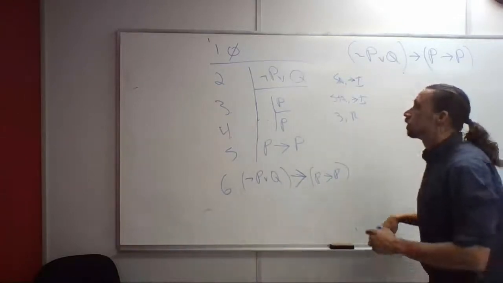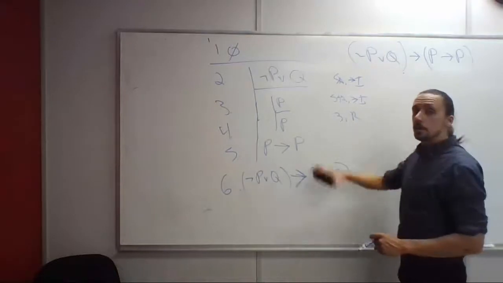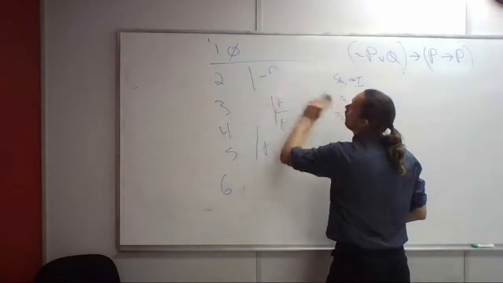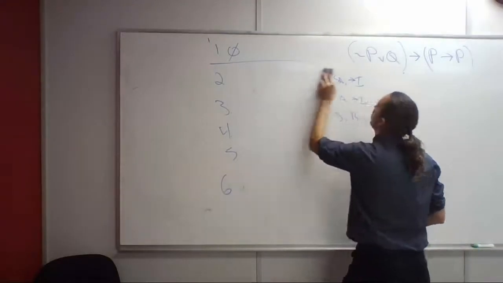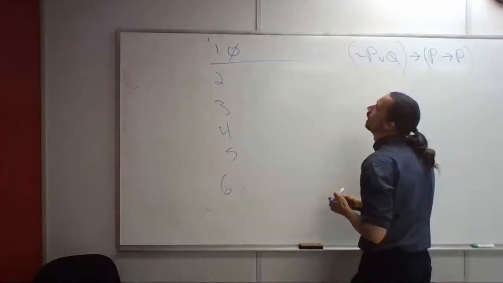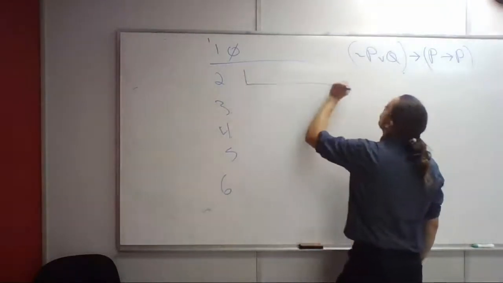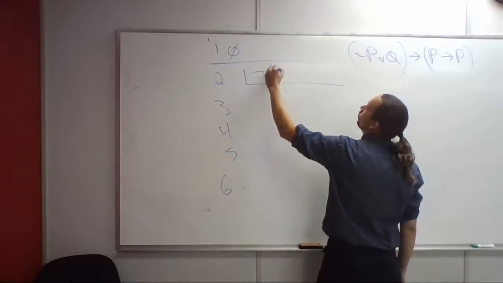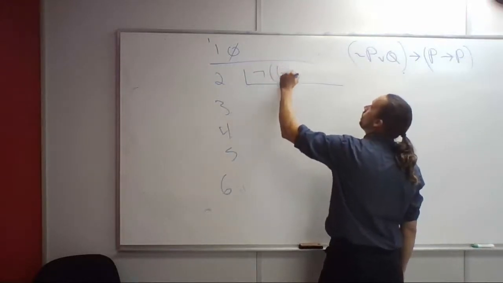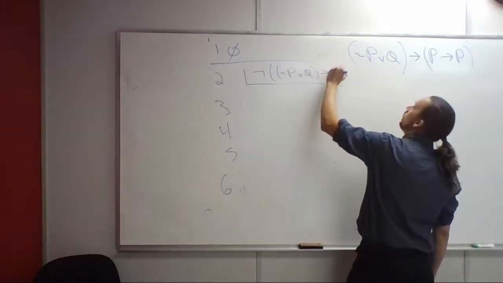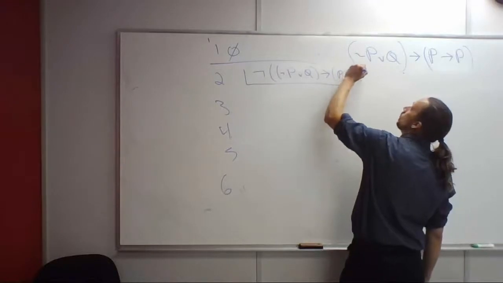Should we do it the other way? So this was the easy way where we assumed the antecedent and derived the consequent. Let's do it a slightly harder way. Well, I'm not sure it'll actually be harder, I just haven't done it yet. So let's assume the whole thing is false. Not the case that, I have to make another bracket, not P or Q, therefore P, then P, close, close.